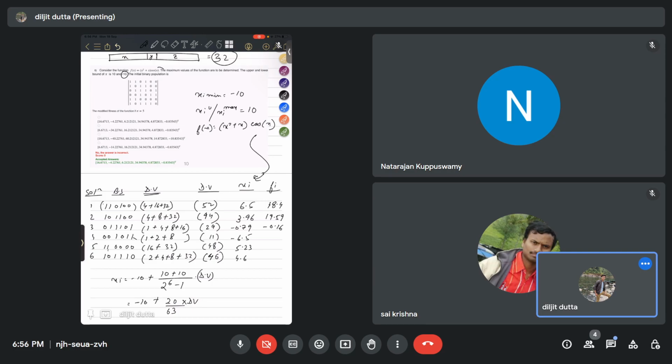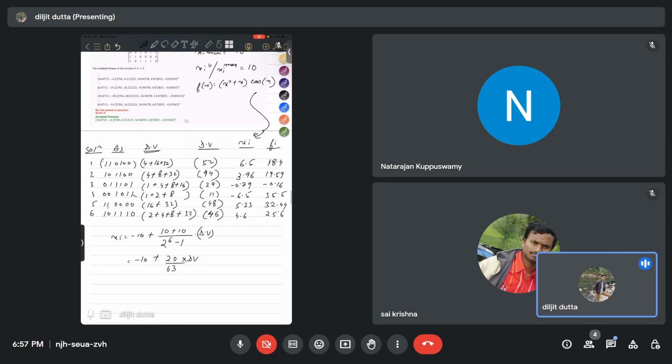So if you substitute minus 6.5, 35.5, and the last one, I think 25.